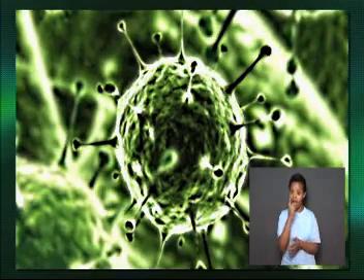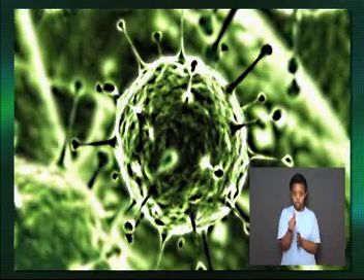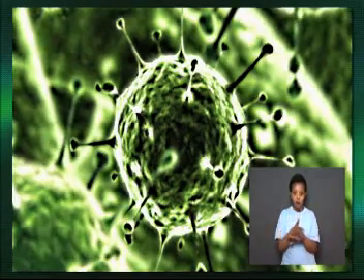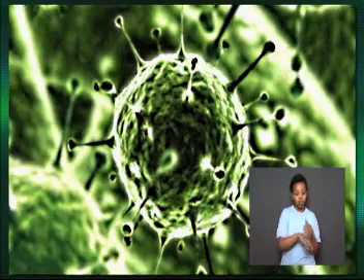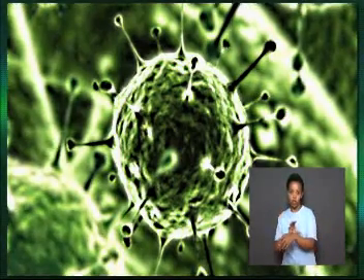Once the virus has reproduced in an organism, the newly formed virus can escape and go on to infect other cells. Let us look at how two different viruses infect a cell.